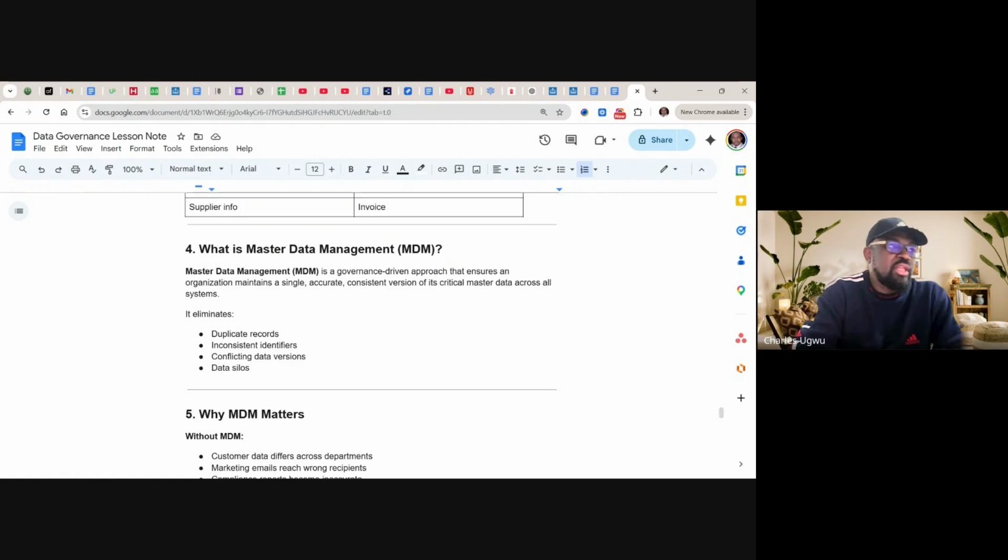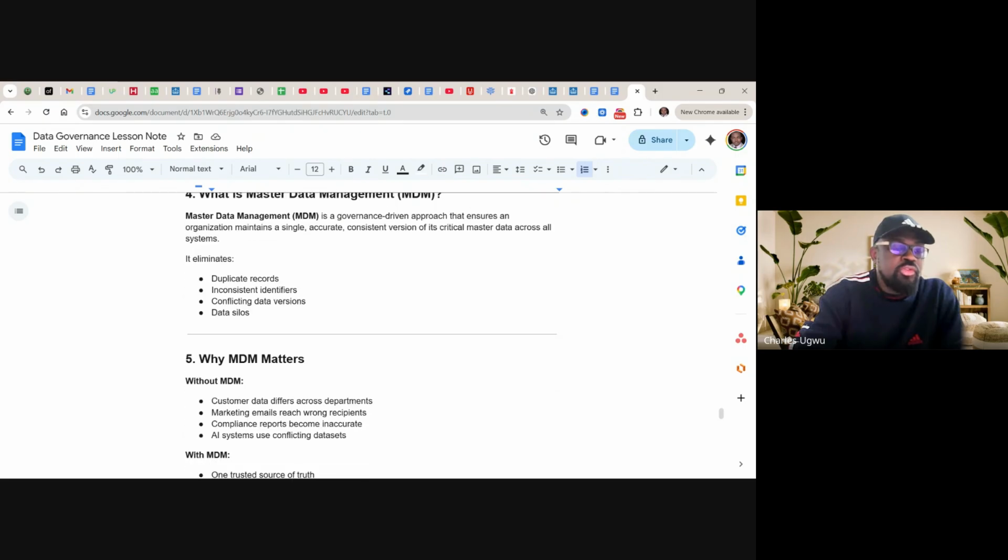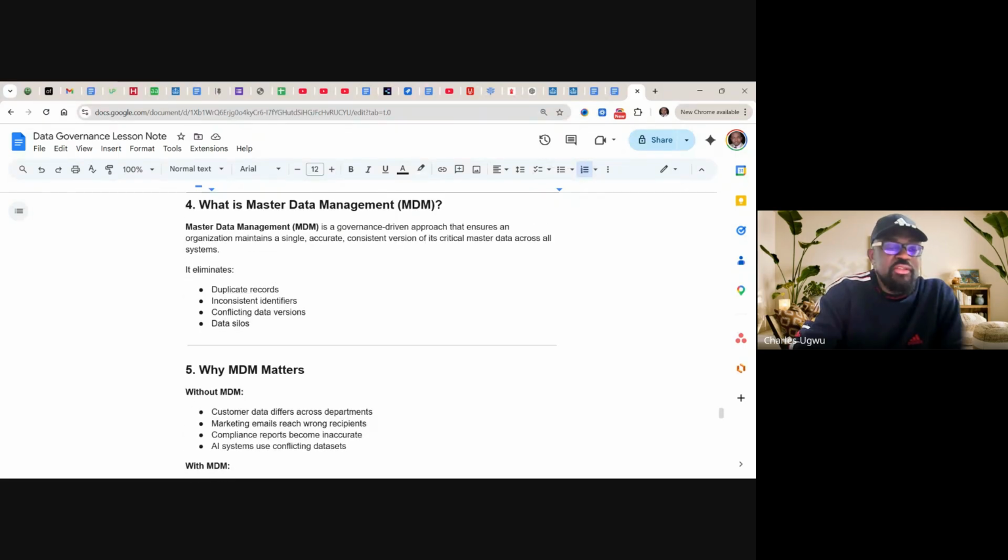Accounts cannot access it, human resources cannot access it. This is what we call data being in silo. So we enforce master data management to make sure we don't have this kind of situation.